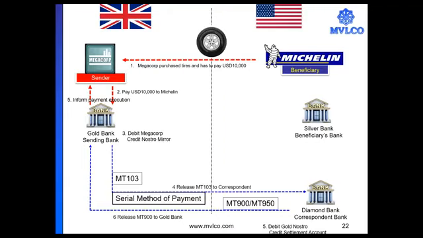Diamond has debited at step number 5 the Nostro account of Gold Bank. We release MT900 telling Gold Bank that we have debited your account by the amount of $10,000 because of a particular MT103 which has come into us. Once Diamond has debited Gold Bank and released the MT900, we will push this 103 from Diamond to Silver.